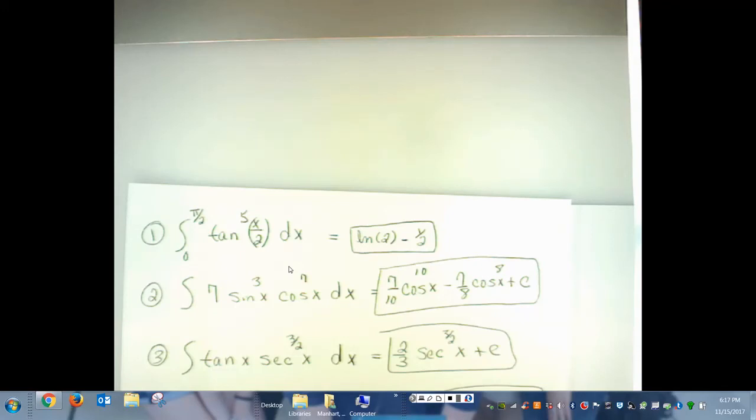So as mentioned, because the exponent on secant is to the 3/2 power, we cannot use the table where it talks about exponents m and n are positive integers. 3/2 is a fraction. Therefore, the alternative method is the following.